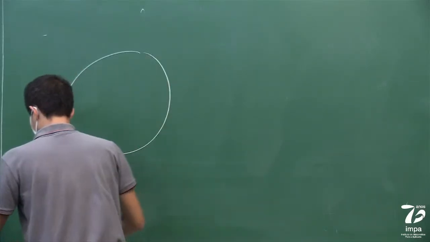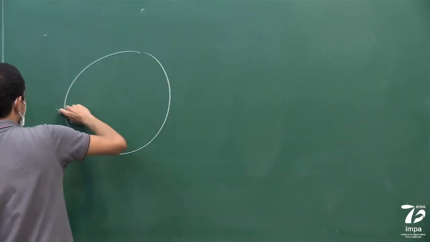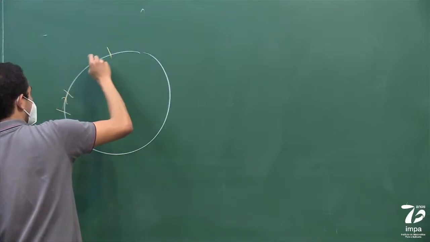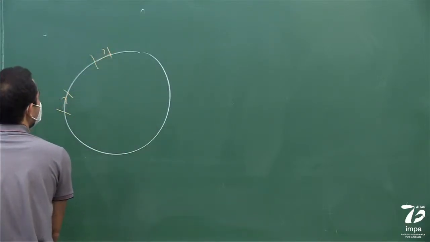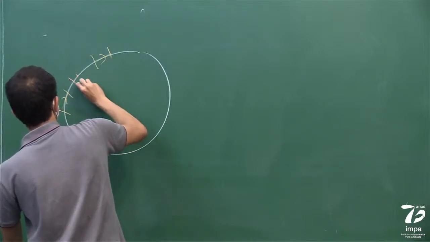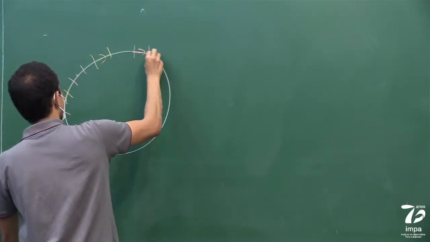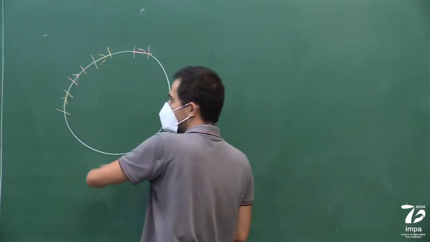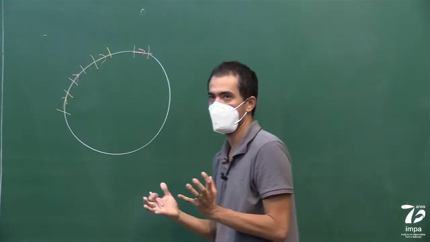Like if you start with, say, a non-orientable handle like this, and then you say, well, I want to attach a handle like this that's non-orientable with respect to the orientation of the zero handle.